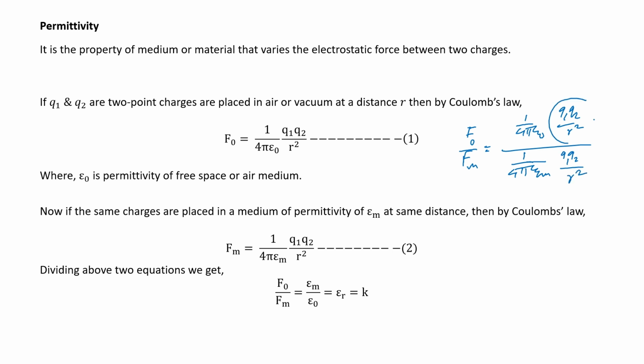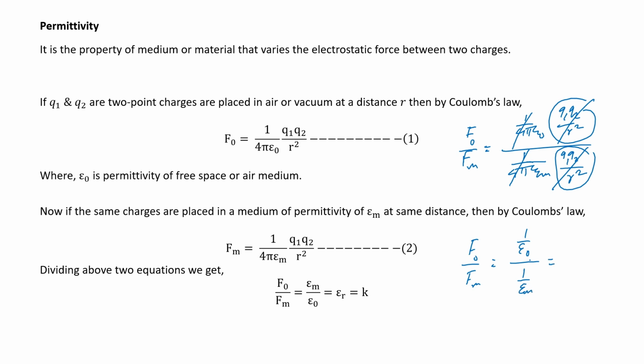The same terms cancel out, 1 by 4 pi cancels out. What remains? F naught by Fm is equal to 1 by epsilon naught divided by 1 by epsilon m.